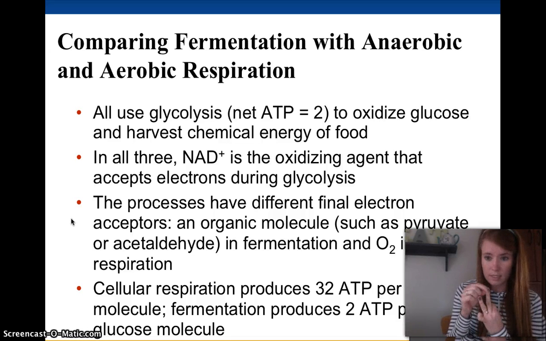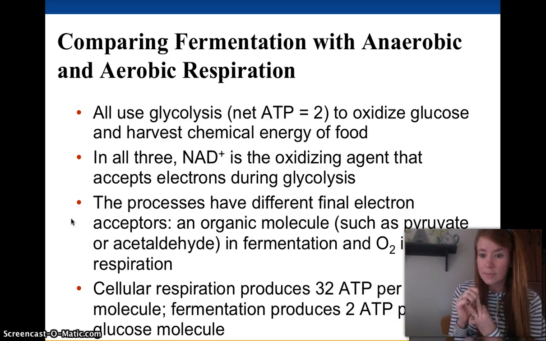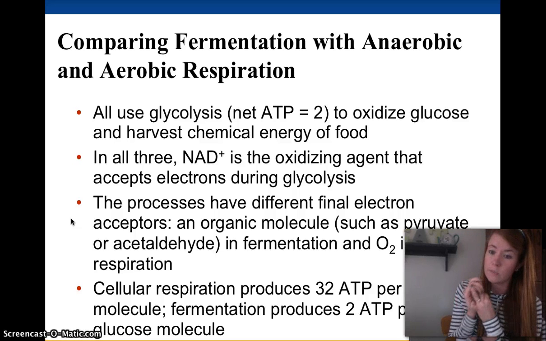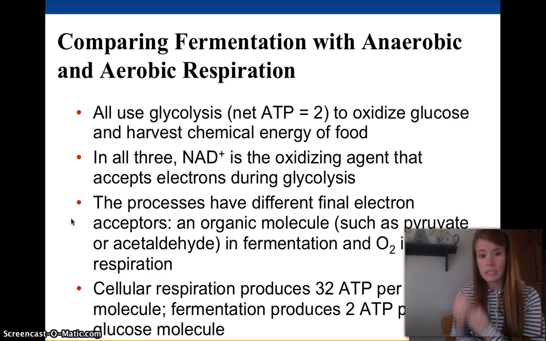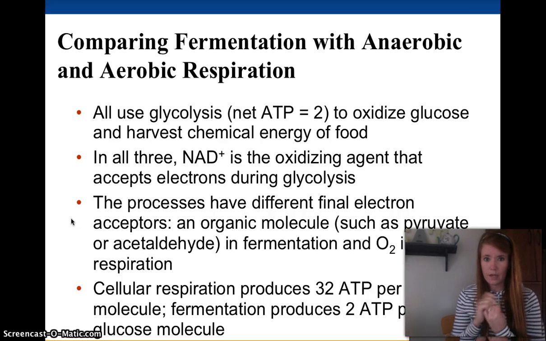This time, a different electronegative atom is going to be the final electron acceptor. So we still have glycolysis, we still have the citric acid cycle, and we still have the electron transport chain to accept the electrons at the end. We just, instead of oxygen, have a different molecule. Then we have fermentation. Fermentation is simply glycolysis and an extra step, so glycolysis can continue to happen over and over again.